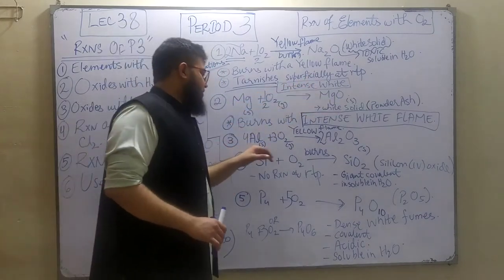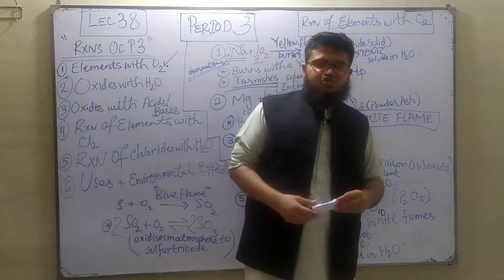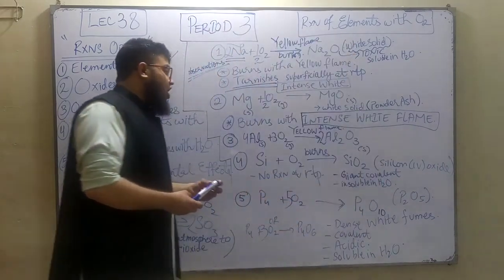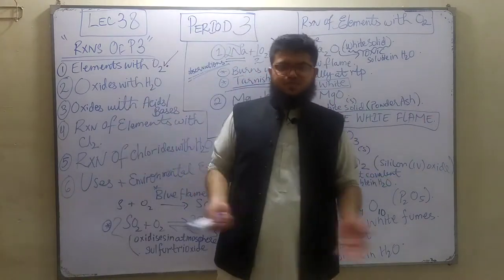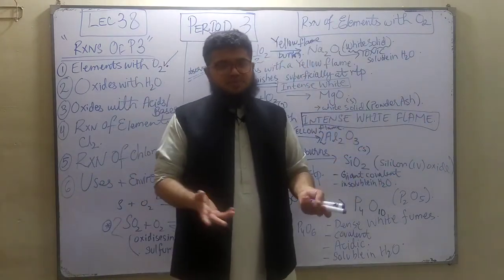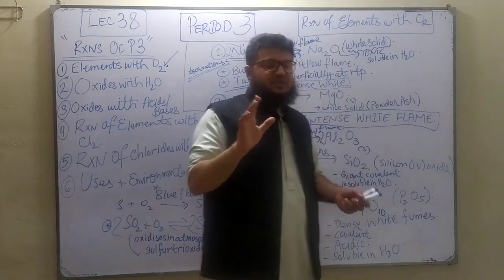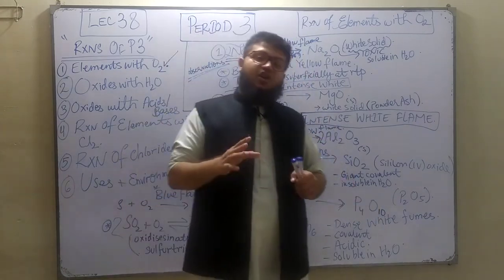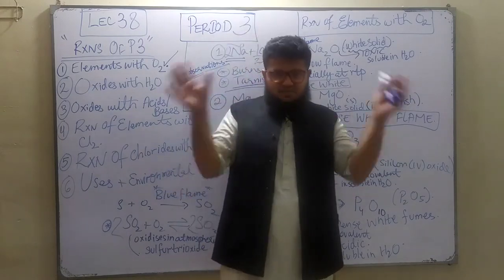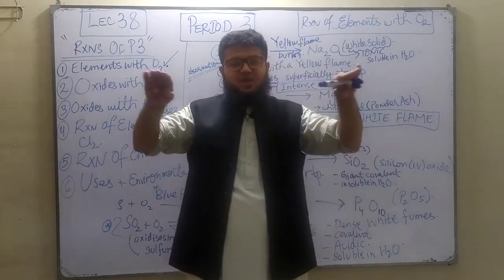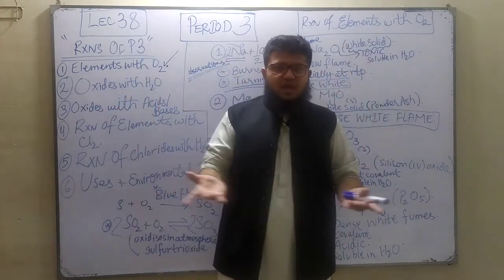Then coming to aluminum. Aluminum reacts with oxygen to produce Al2O3, aluminum oxide. If you leave aluminum in the atmosphere, openly basically, then aluminum has a very special property: it quickly reacts with the oxygen in the atmosphere and creates a protective Al2O3 layer around it.